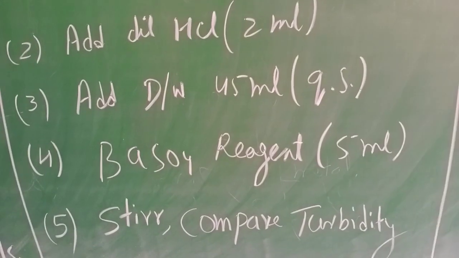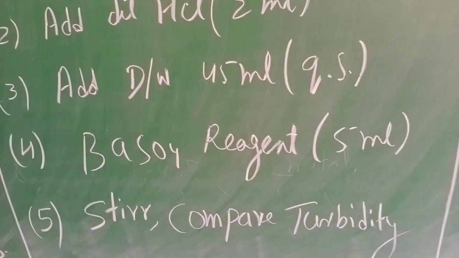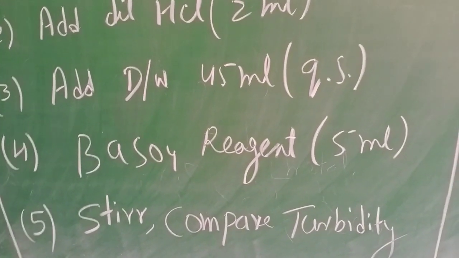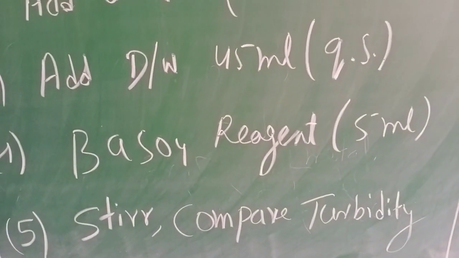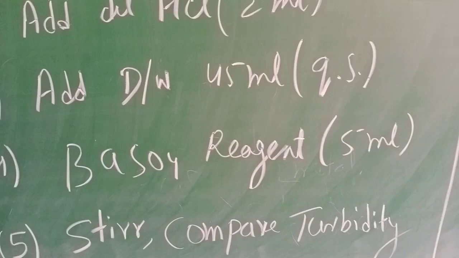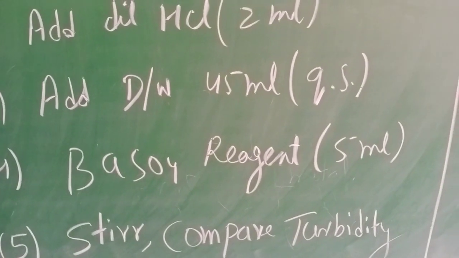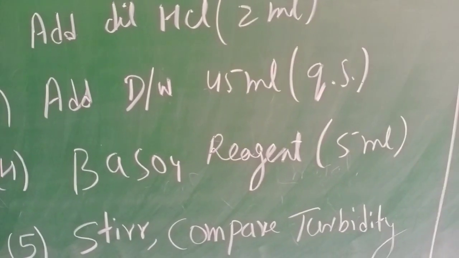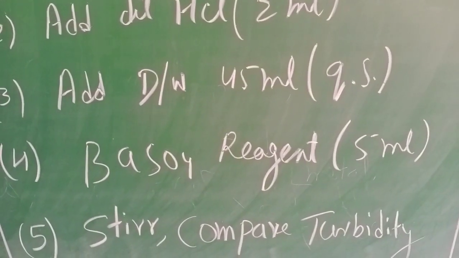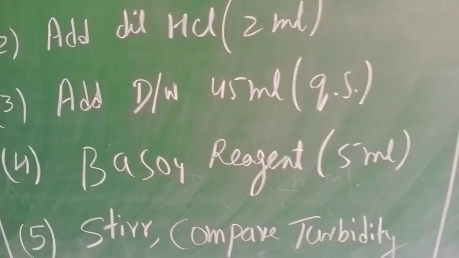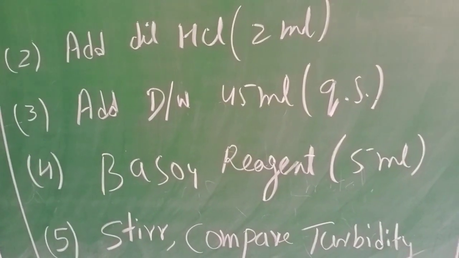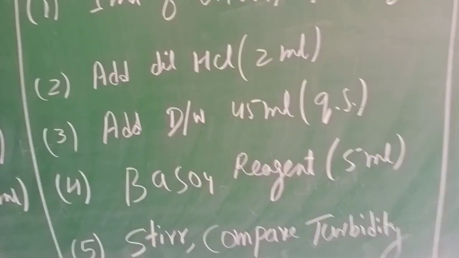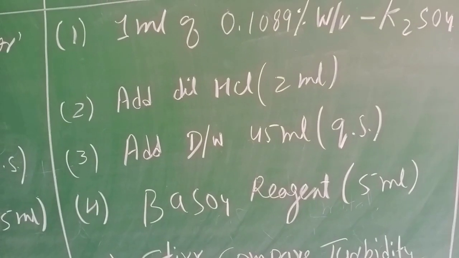The turbidity or opalescence which is produced by the standard solution is further compared in order to rule out the result for the limit test of sulfate.